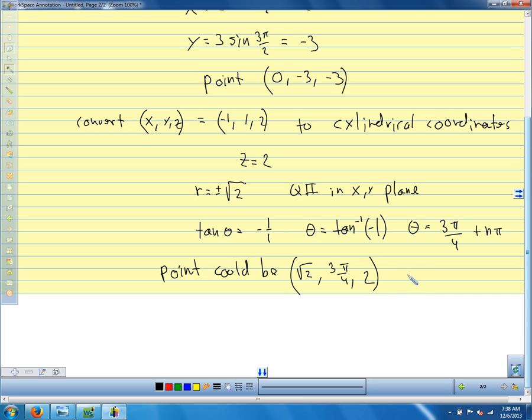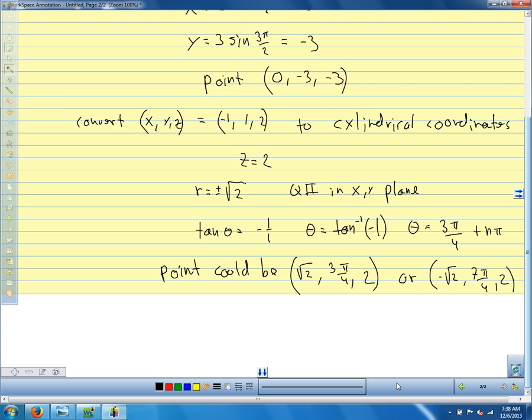Or we could say negative square root of 2, 7 pi over 4, 2. So we just need to make sure we adjust so we're in the proper quadrant. Those are two possibilities for that point. Questions?